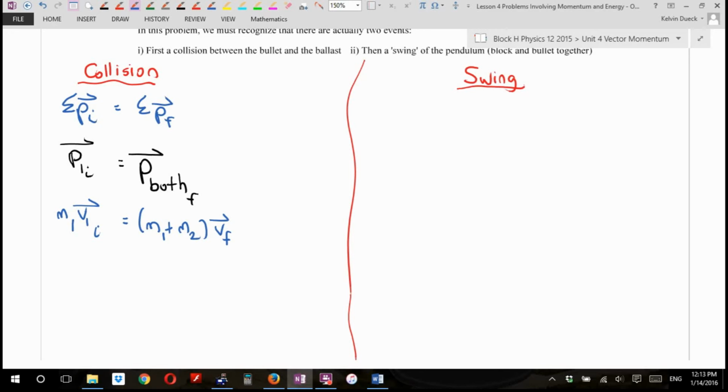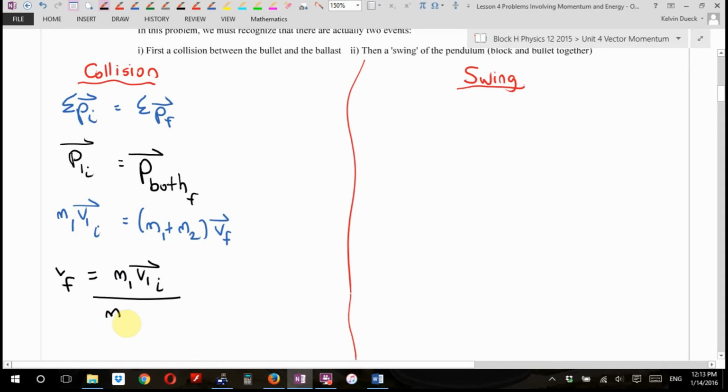So how would I get V final by itself? Okay. V final is going to be M1 V1 initial divided by M1 plus M2. It's going to be, what is M1?